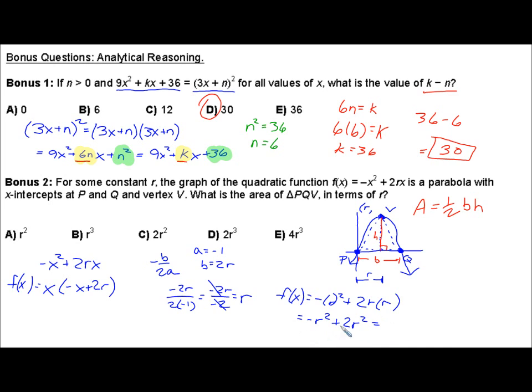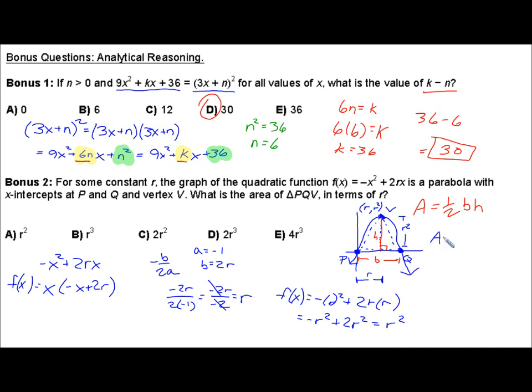Combine like terms, 2 minus 1 is just regular old r squared. The vertex then is r, r squared, that's x and y. So my height, my y-coordinate, is r squared, if you're looking at the triangle.